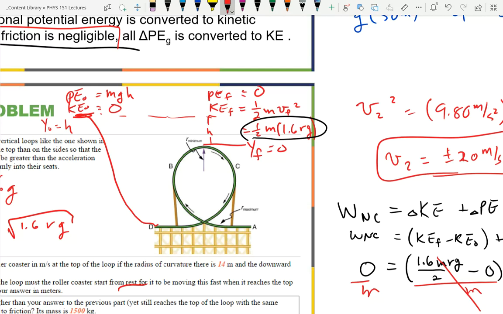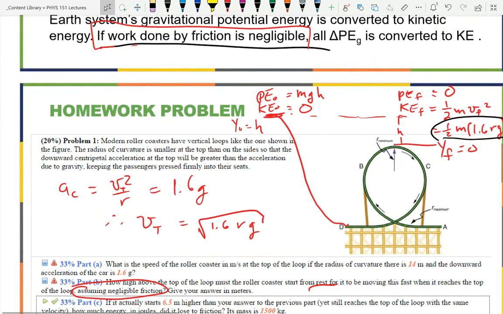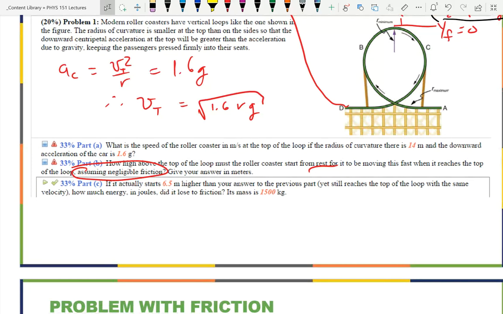And so for part C, it says if it actually starts 6.5 meters higher to achieve that speed, then how much work was done by friction? Now you can answer this in a long way or a short way.